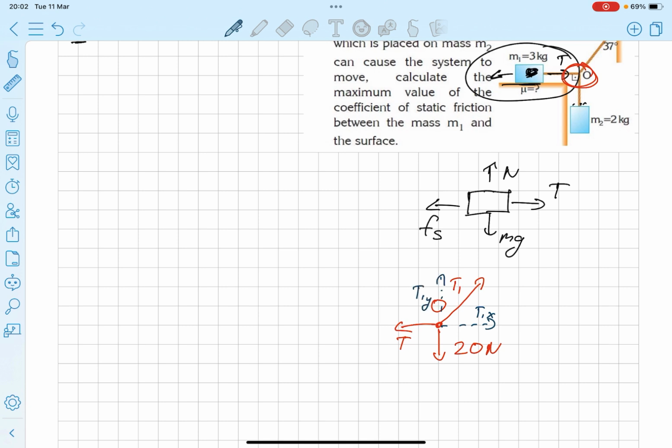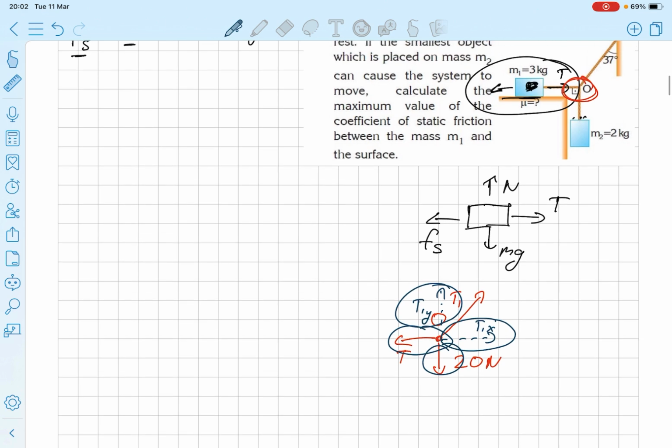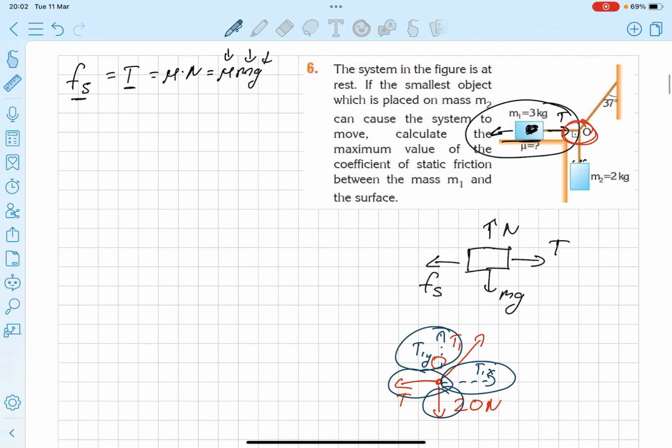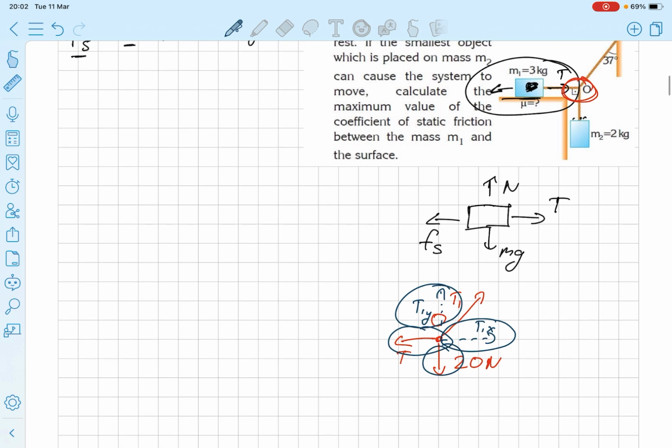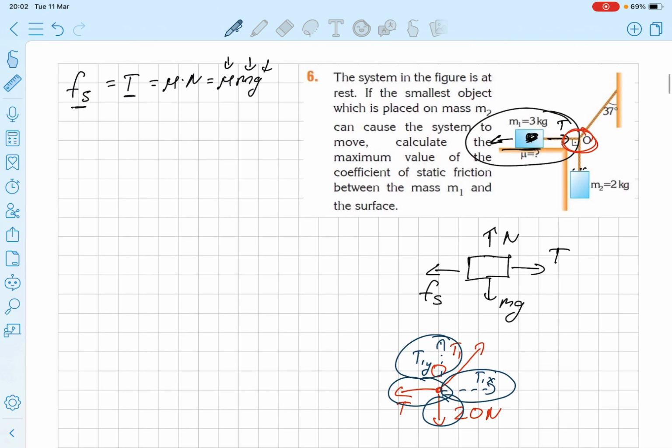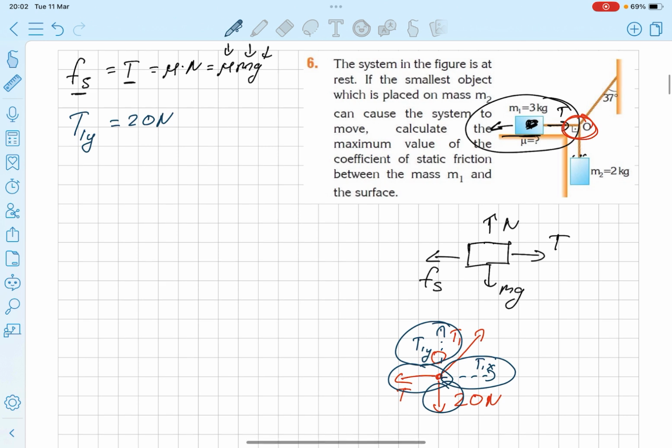So in total we have 4 forces here, except tension 1 itself. Let's make two different equations for it. From here we can define tension 1 by y because the downward force is already given. So tension 1 by y is equal to just 20 newtons, because it is cancelled by this 20 newton force here.